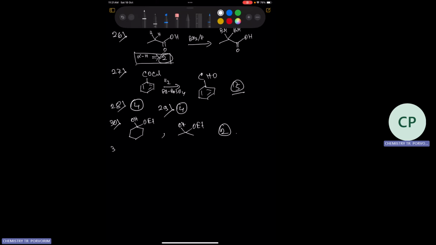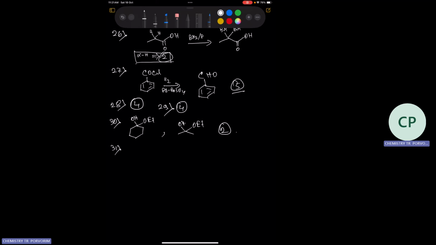After 30, 31. The compound is acetophenone, which when reacted with base C2H5ONa yields a stable compound which has the structure. So we need to draw the structure of acetophenone. This is a simple aldol condensation reaction, so we have to draw it this way.